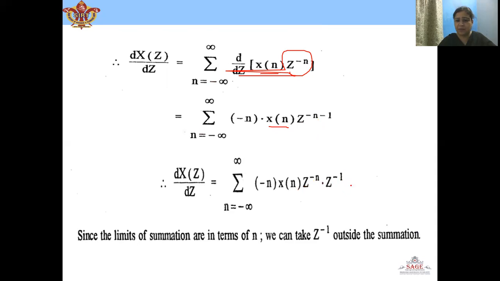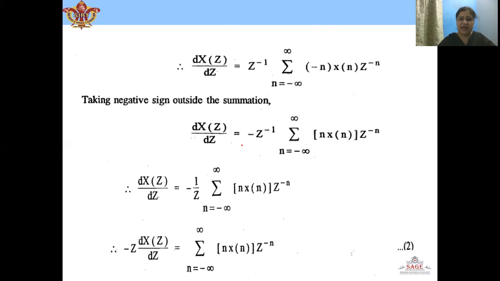Now this z raised to power minus 1 is independent of n, so it will be taken out of the summation sign. So we will have z inverse and summation of minus n x[n] z raised to power minus n. Now this minus sign will also be taken outside the summation sign, so we will have minus z inverse. Now this minus z inverse will be taken to the left hand side, so the minus sign will go here and z inverse can be written as 1 upon z, so z will go here.